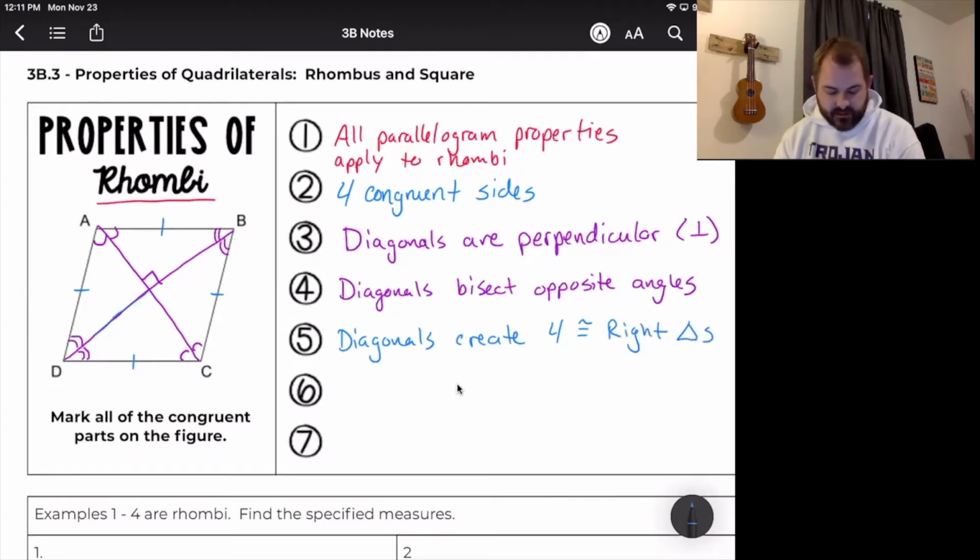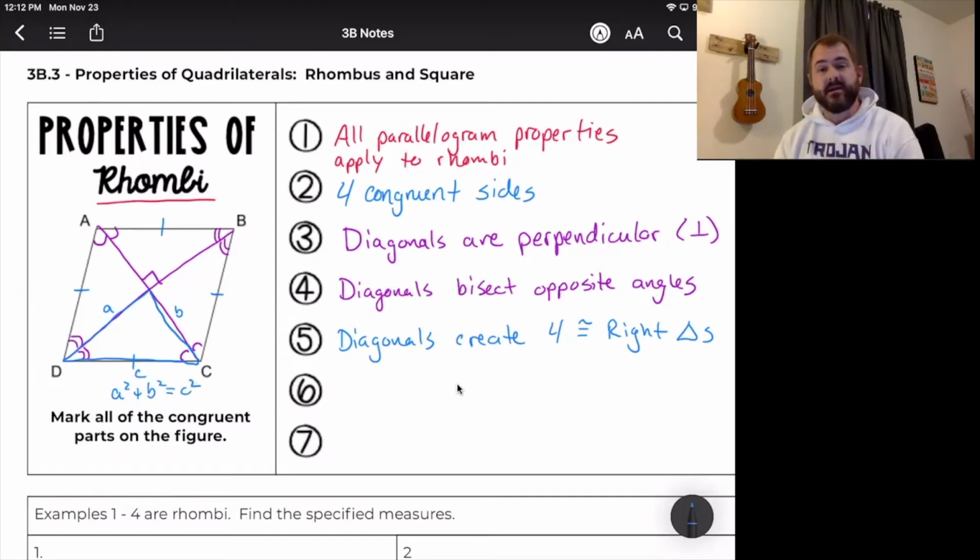These four triangles created by these diagonals are congruent to each other, and they're all right triangles, so we know things like a squared plus b squared equals c squared. We might need to use that in certain problems that we do problem solving with.